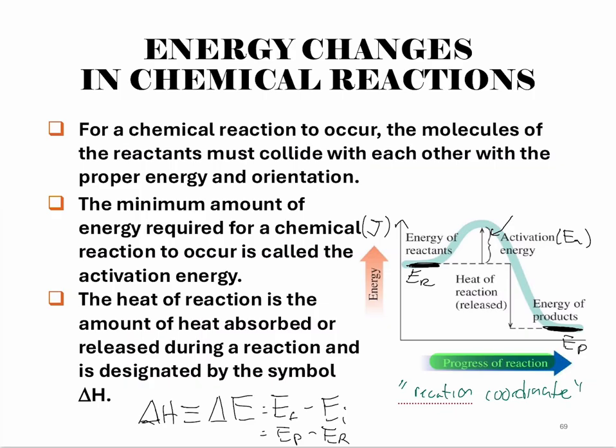So this is what we call an exothermic reaction. And what this means is delta H is less than 0. It's a negative value, right? Because if this number is smaller than that number, that gives us a negative answer, right? So this is a release of energy in this case.